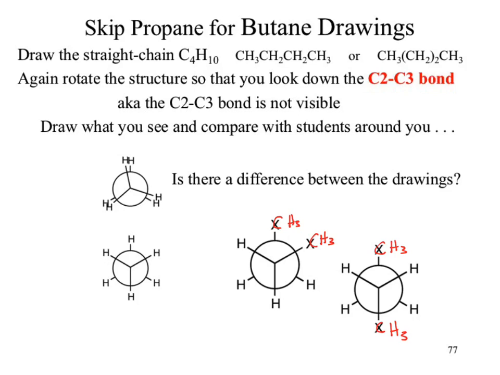So you'll end up with four possible orientations, as opposed to just the two that we had for ethane. Well, but they're staggered, so who cares? They've got to be the same. Well, what is different between butane and ethane? Butane has carbons.